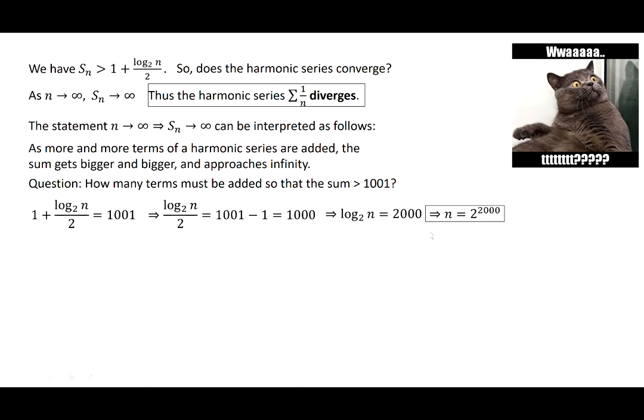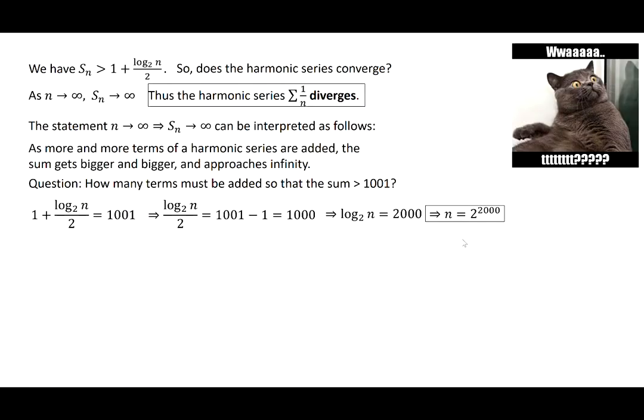What do I mean by that? How many terms should we add apparently? 2 to the 2000. Okay, let me see. 2 to the 10 is 1024.